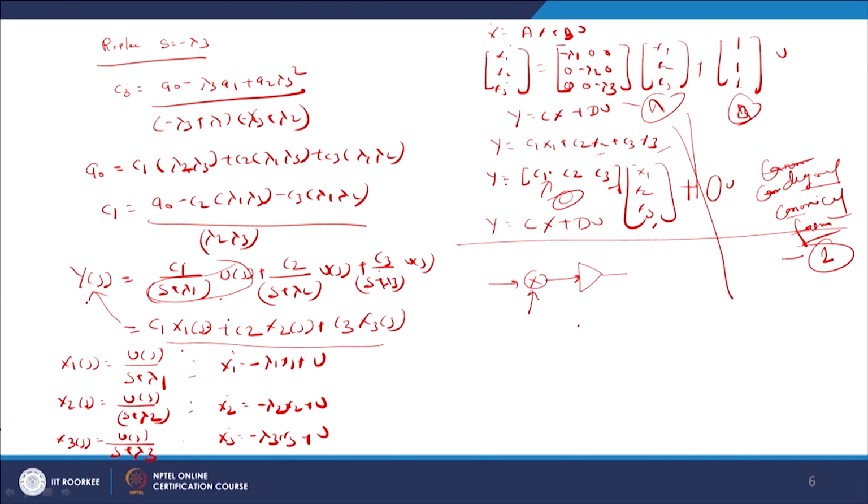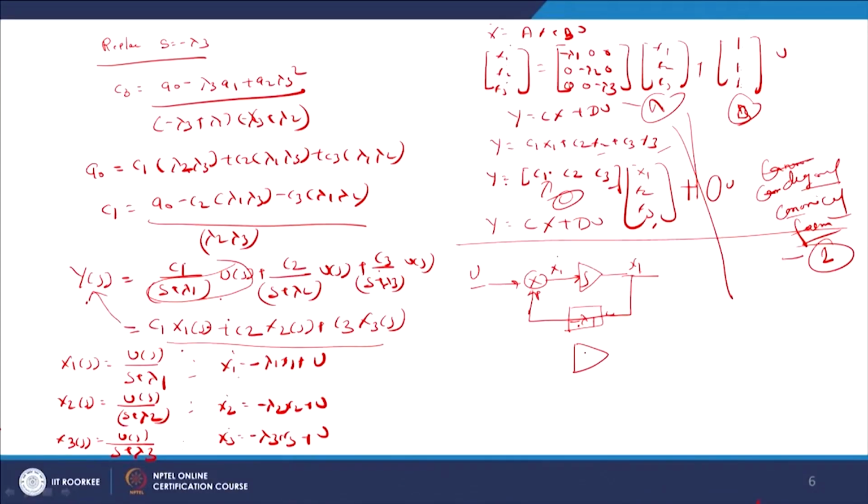The first state is x1, and it comes from x1 dot. See this equation: x1 dot equals minus lambda 1 x1 plus u. So here we use minus lambda 1, and u is also there.